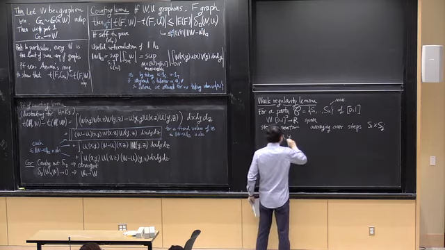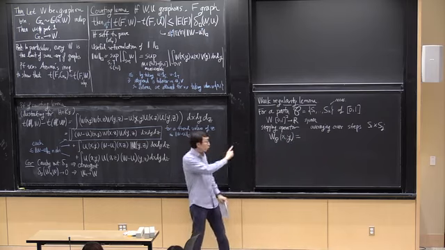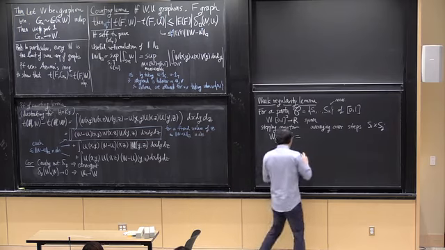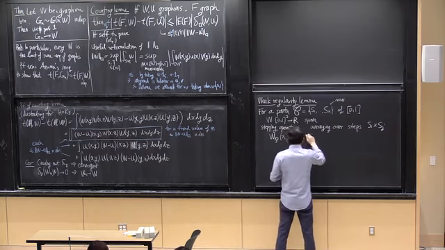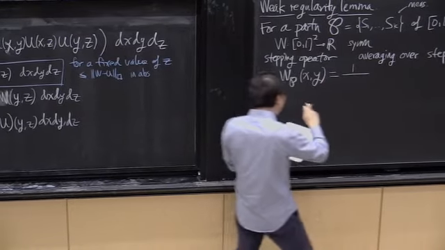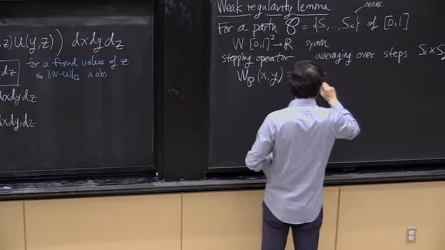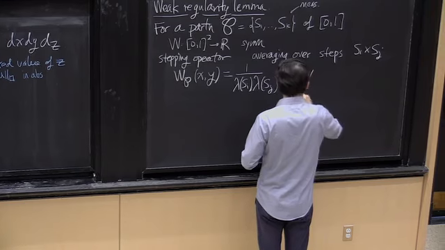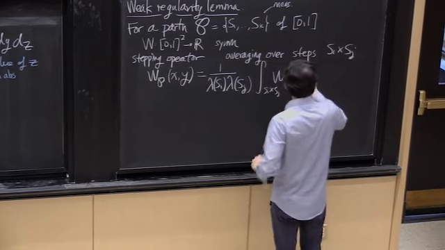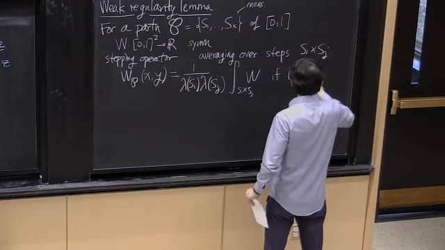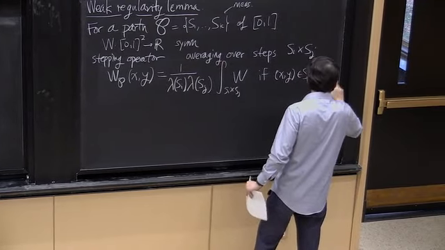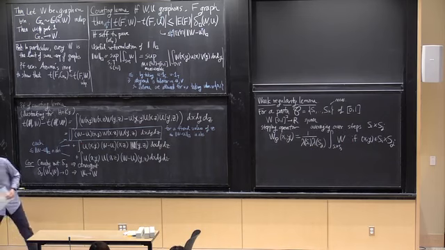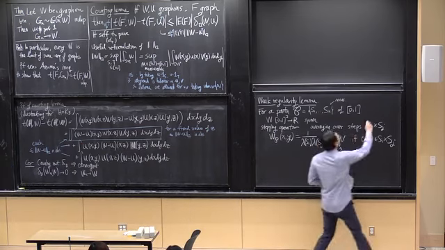Precisely, I obtain a new graphon, a new symmetric measurable function, W sub P, where the value on x comma y is defined to be the following quantity. If x comma y lies in Si cross Sj.